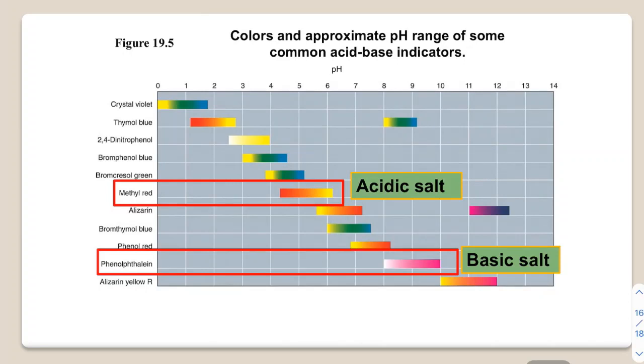You can look at the range of each one. If you look at phenolphthalein, the range is between 8 to 10. Methyl red is for the acidic salt, and the range is 4 to 6.